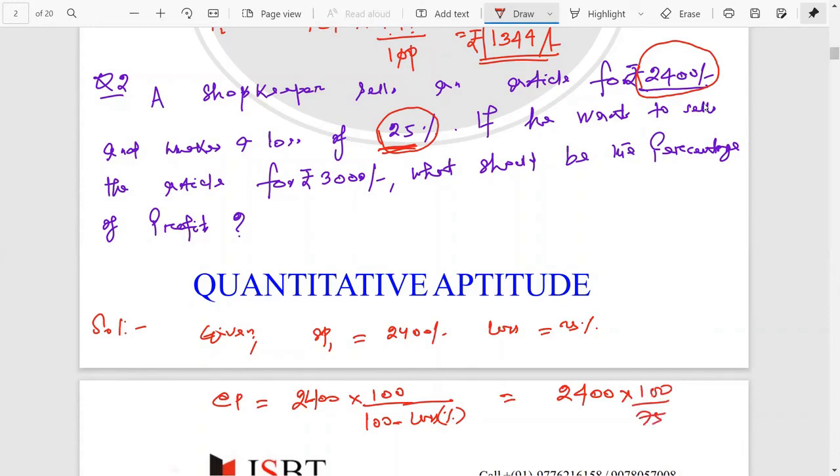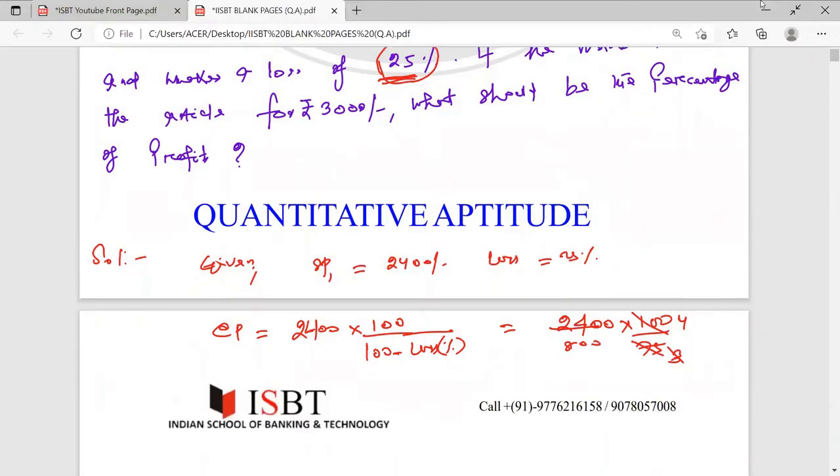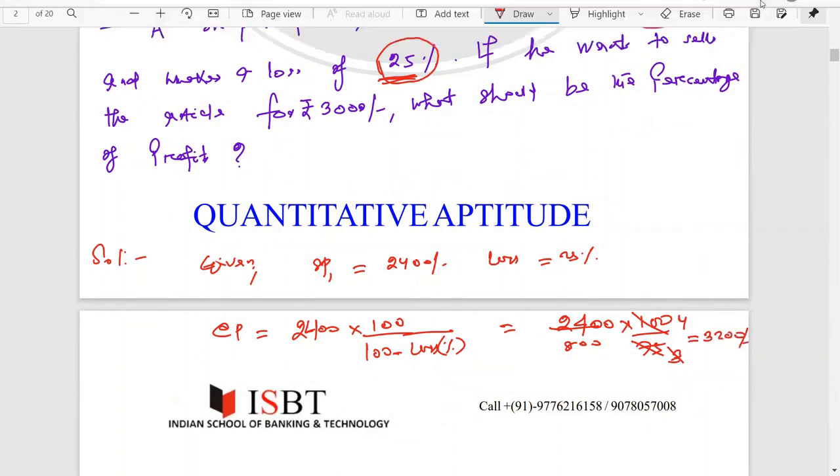Okay. 24 4 जा, 25 3 जा, 3 8 जा. Okay. That means 800 into 4, 3,200 rupees. That is the cost price.